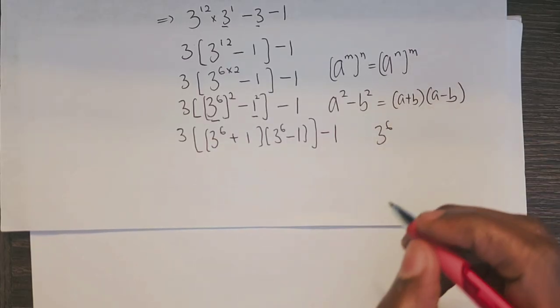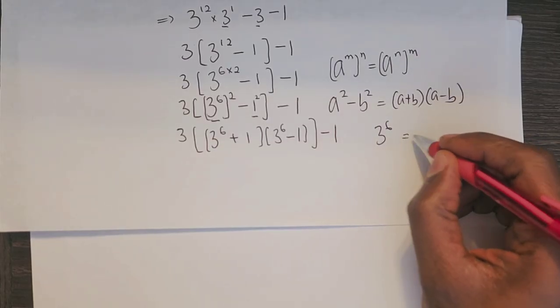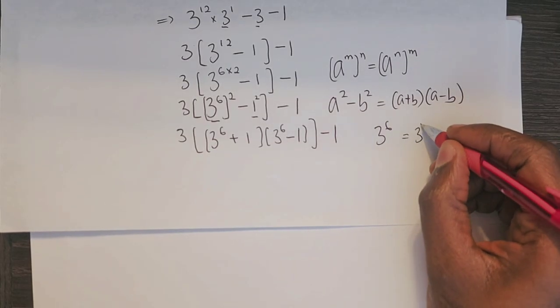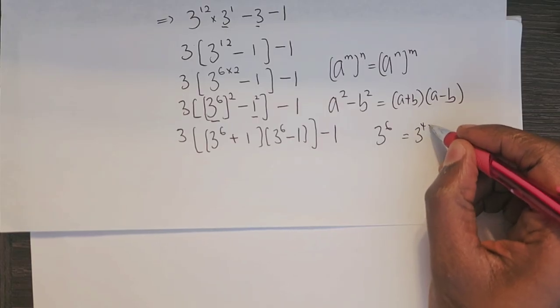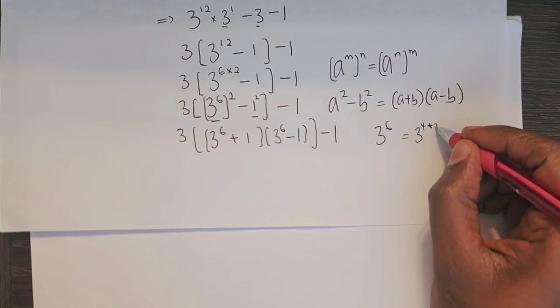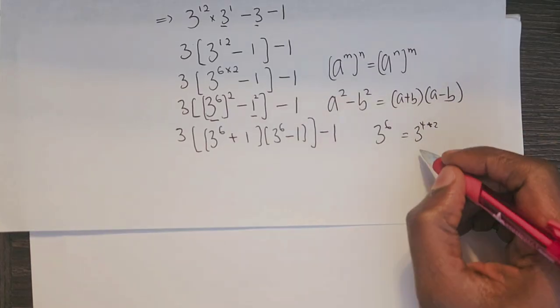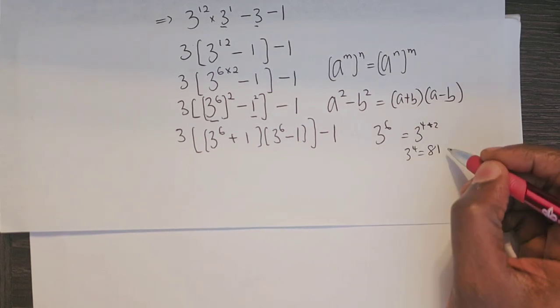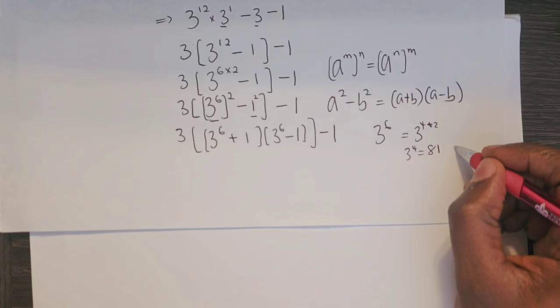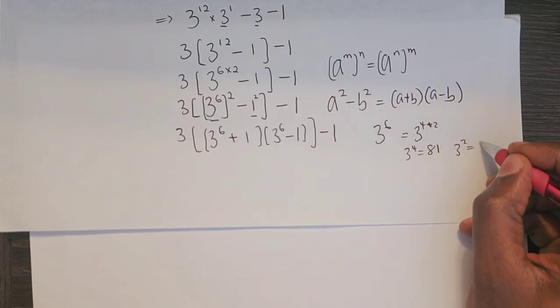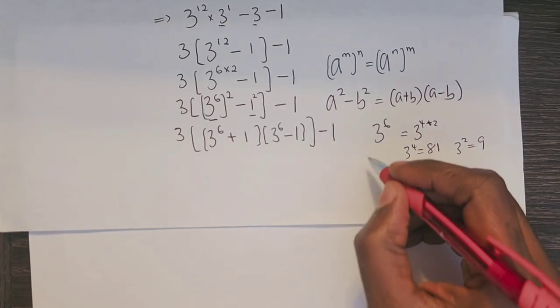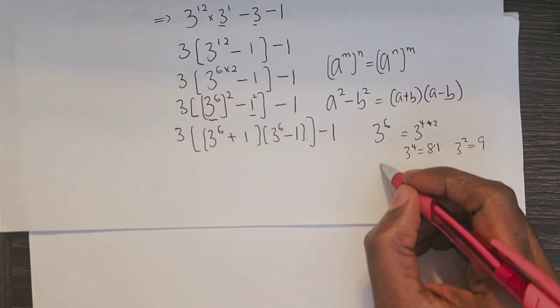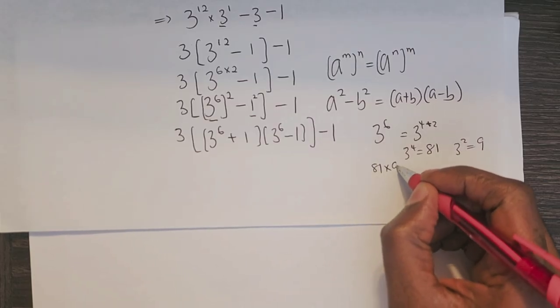Because we don't want to use the calculator. So this is the same thing as saying 3 to the power of 4 plus 2. And we know that 3 to the power of 4 is the same thing as 81. Okay? And 3 to the power of 2 is the same thing as 9. So this can be 81 times 9.